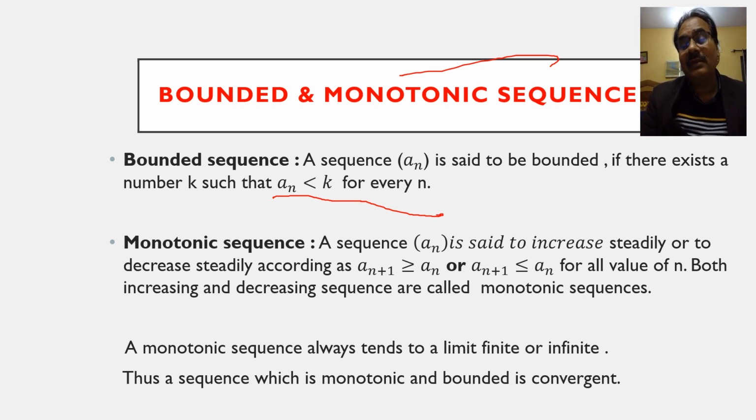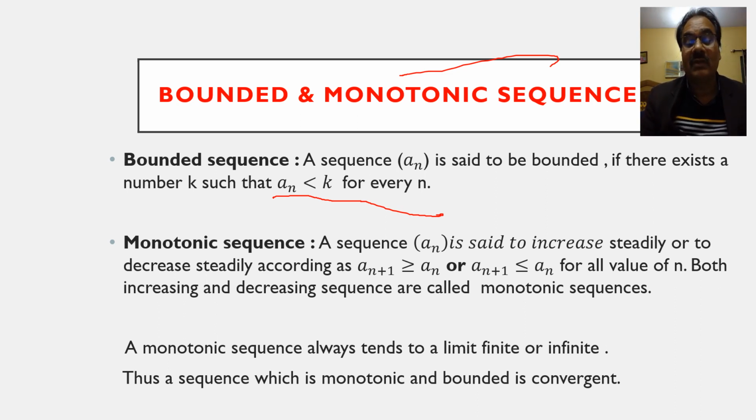A sequence an is said to increase steadily or decrease according as an plus 1 is greater than or equal to an, or an plus 1 is less than or equal to an. This is called monotonically increasing or monotonically decreasing for every value of n. Both increasing and decreasing sequences are called monotonic sequences.